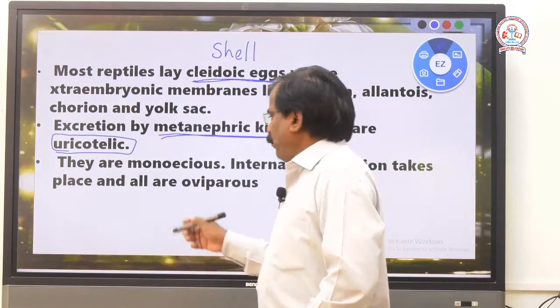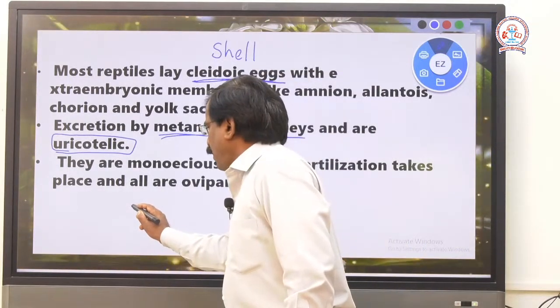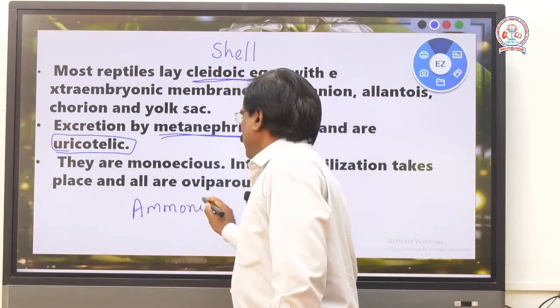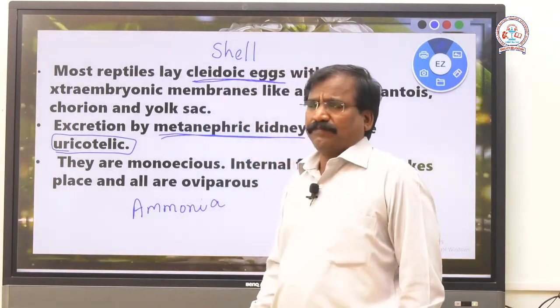What are they? The main one is ammonia, the main waste product. This ammonia is highly toxic.